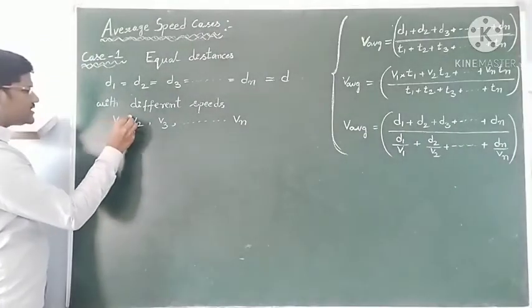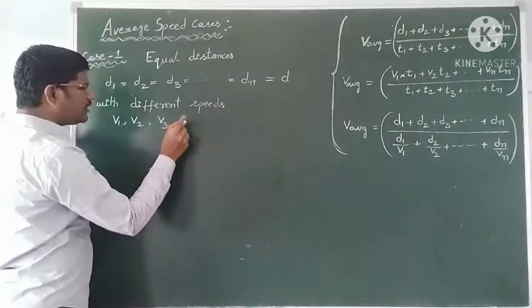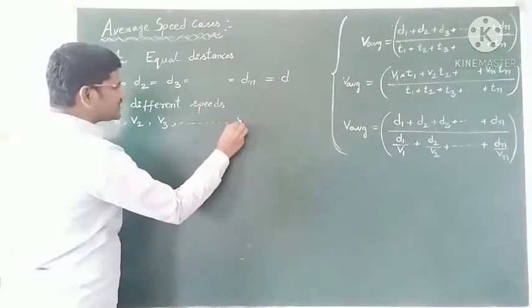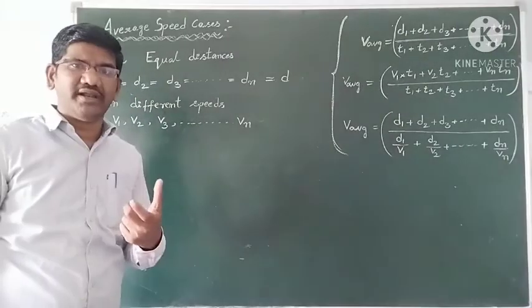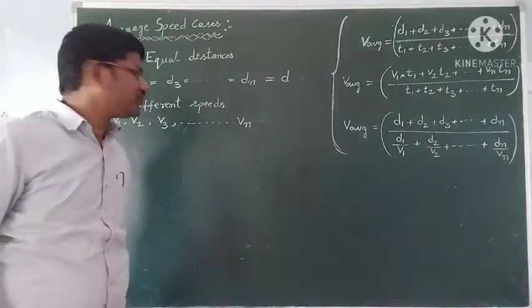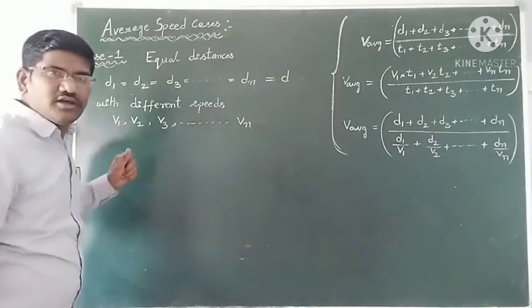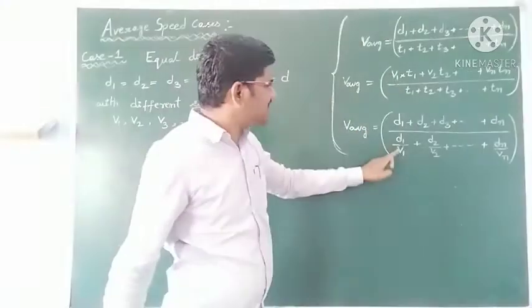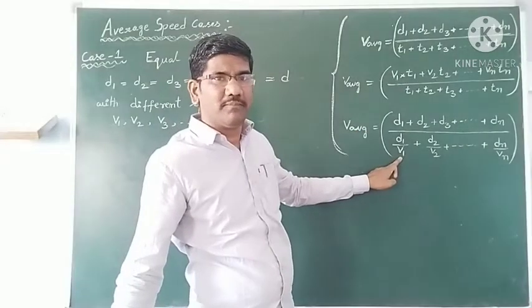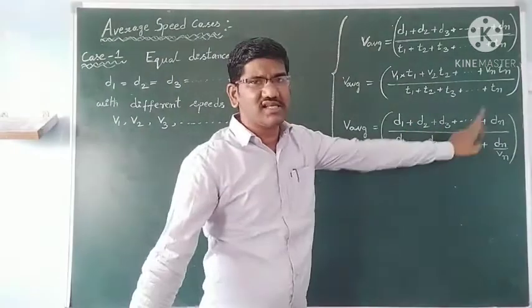So it is covering equal distances with different speeds. What are the speeds? V1, V2, V3, and so on, Vn. Then what is the average speed in this case? I want to know. We have the formula for average speed with different distances and different speeds, with only distances and speeds. Here all distances are the same.